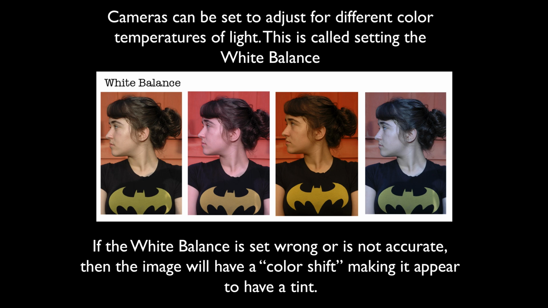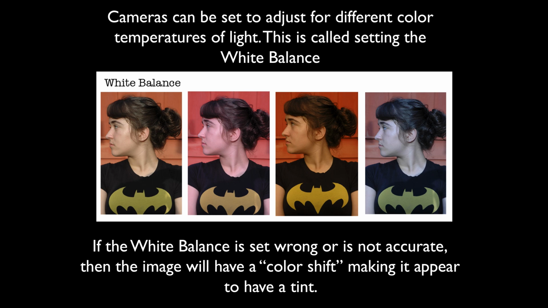For professional or studio photographers, you can also set a custom white balance. That allows you to take a picture of something that is maximum white, and then you tell the camera, this is what I want you to use as white. Then it adjusts all the other colors based on that picture.